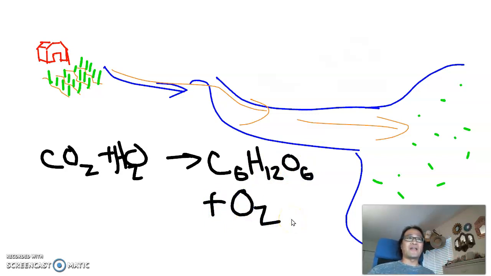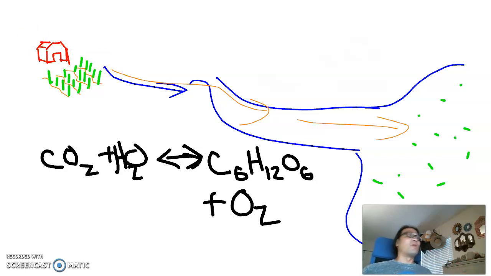If you remember this fact, remember all these plants, even though they are doing photosynthesis, which is going this way, they are still doing cell respiration, which is going the other way. So at night, it's going in the other direction, which means it's using up a lot of oxygen in the water, sometimes to the point where it's using up all the oxygen in the water, and it kills off any animals that cannot survive low oxygen.